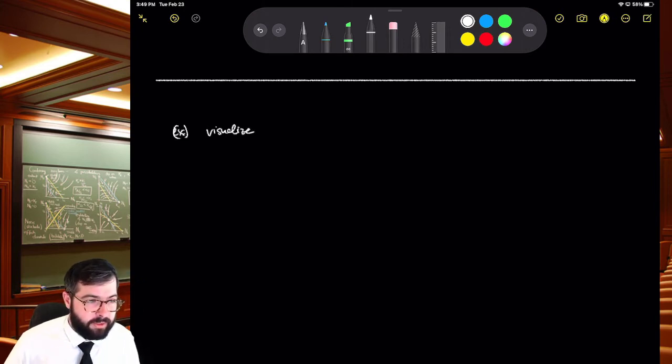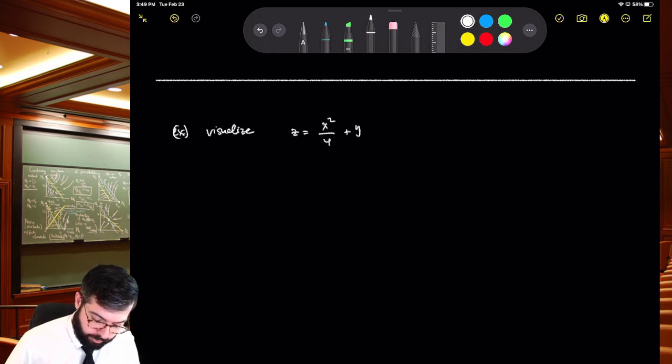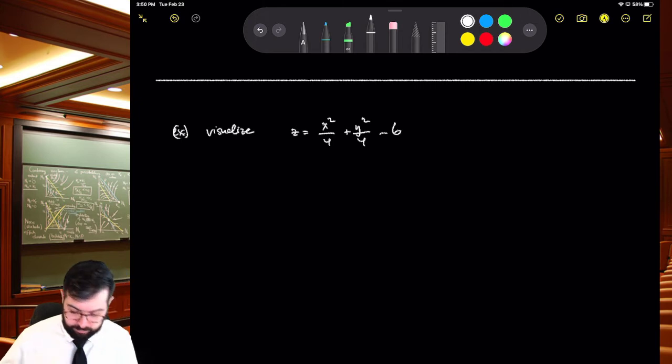Visualize z equals x squared over 4 plus y squared over 4 minus 6. It has degree 2 terms in x and y, and z is a single degree, right? What does this thing look like?